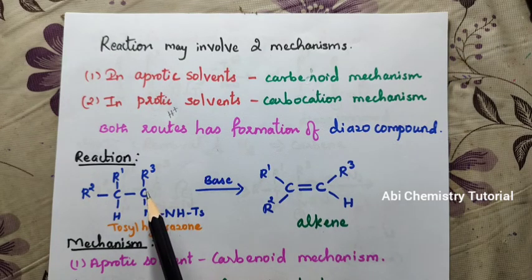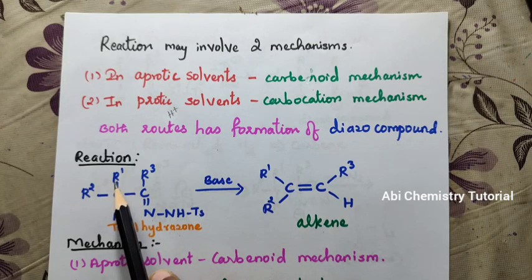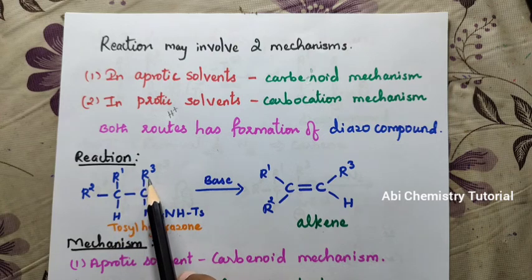So in general, how can you represent the Bamford-Stevens or Shapiro reaction? This is a tosylhydrazone. When it is treated with a base, we get an alkene. Here we have taken two carbon atoms substituted with R1, R2 and a hydrogen, and here R3 and a double bond to the tosylhydrazone part.